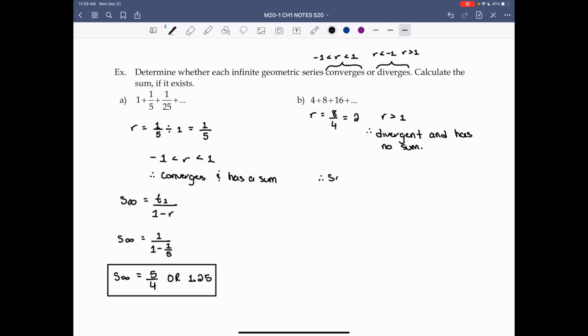Therefore, S infinity does not exist. That's all you write for your answer. If R is either less than -1 or greater than 1, the series is divergent, so there is no sum, so you just write S infinity does not exist.